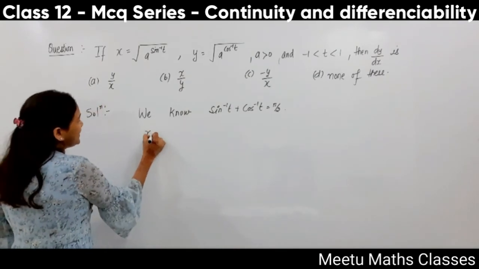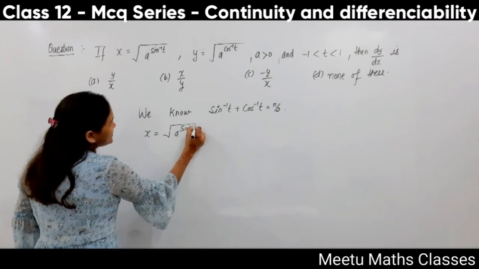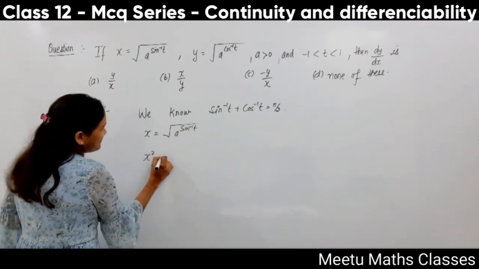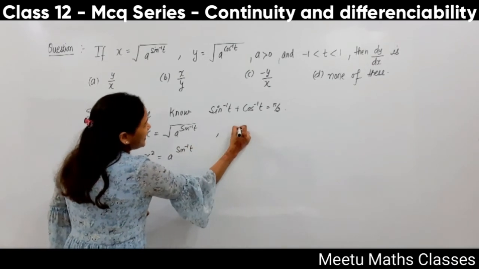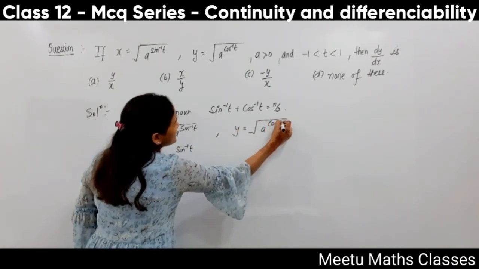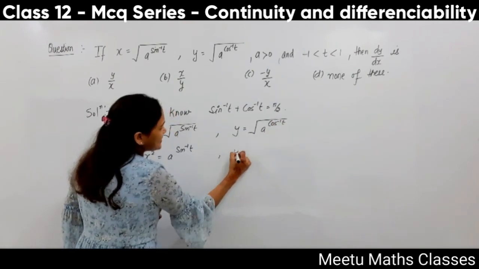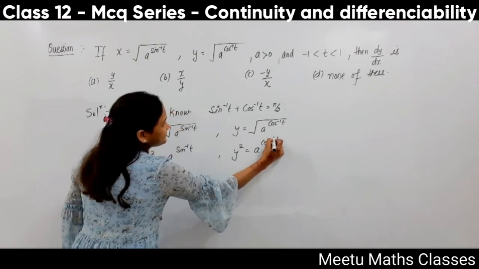First of all, consider x is equal to square root of a raised to power sin inverse t. So x square will be a raised to power sin inverse t, and y is square root a raised to power cos inverse t. So y square is equal to a raised to power cos inverse t. Okay.